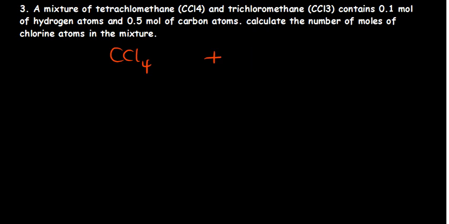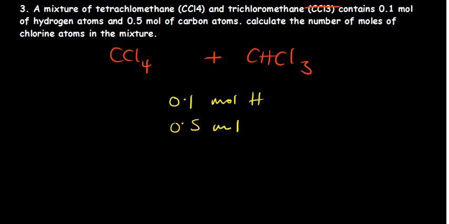So CHCl3. For this mixture, we are told it has 0.1 moles of hydrogen and 0.5 moles of carbon atoms. Now we need to calculate the number of moles of chlorine. That's the question. So let's come up with a relation here.